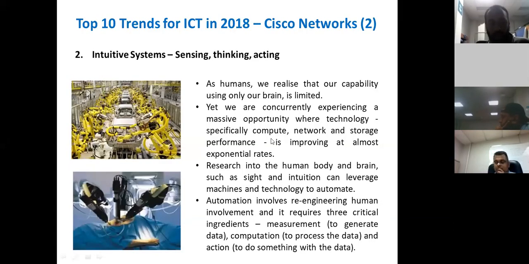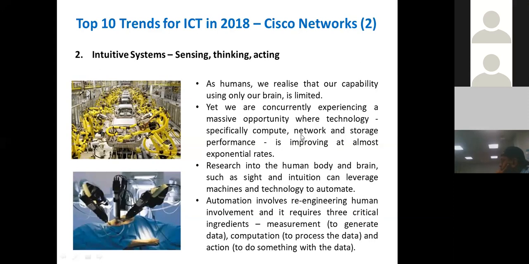So this is the second one out of the top 10, that ICT is going to make our systems, or whatever systems we are using, so that they can sense, they can think, and they can act.